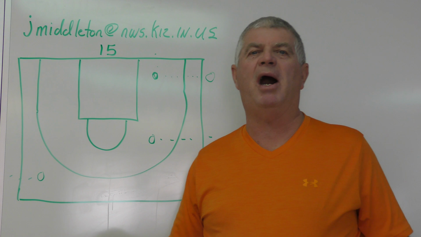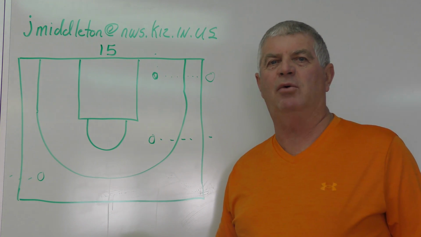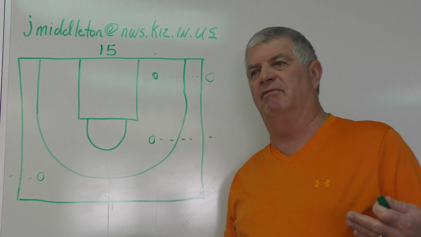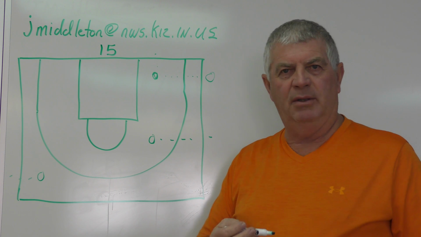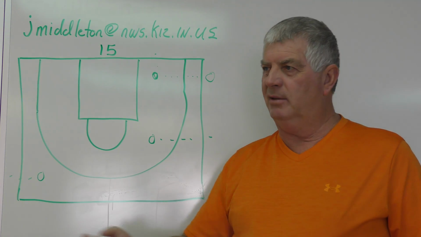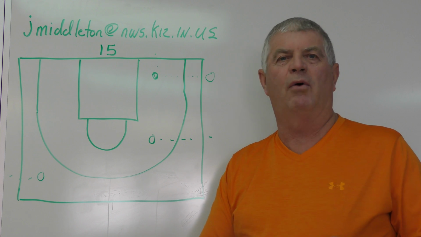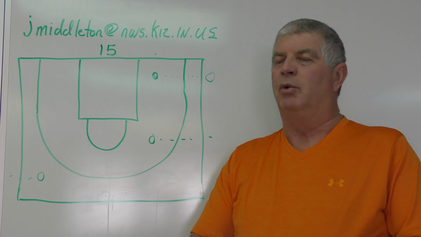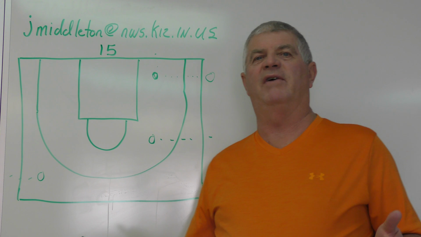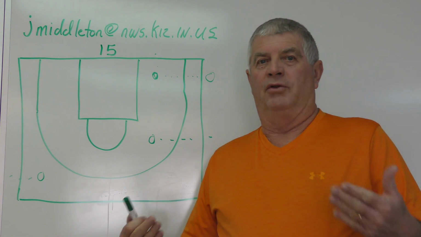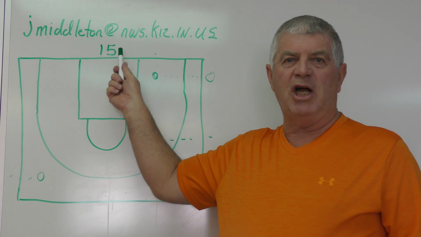It becomes a combined count in the backcourt. So if you're at a 4 count, then when you bring it in, it's going to be another 4 count. So 15 is what we're looking for on the shot clock. We want to base all of our backcourt violations on the 8-second count on the shot clock.